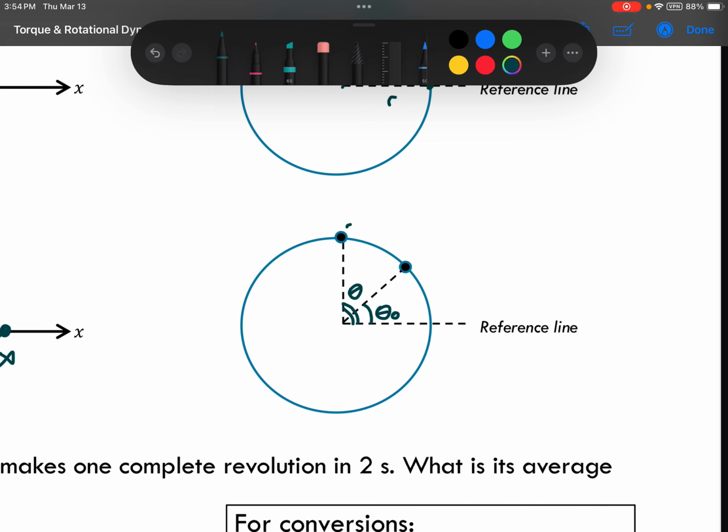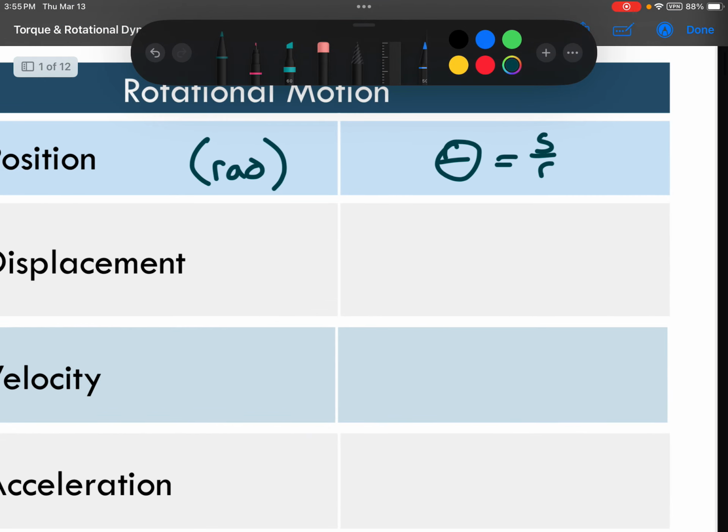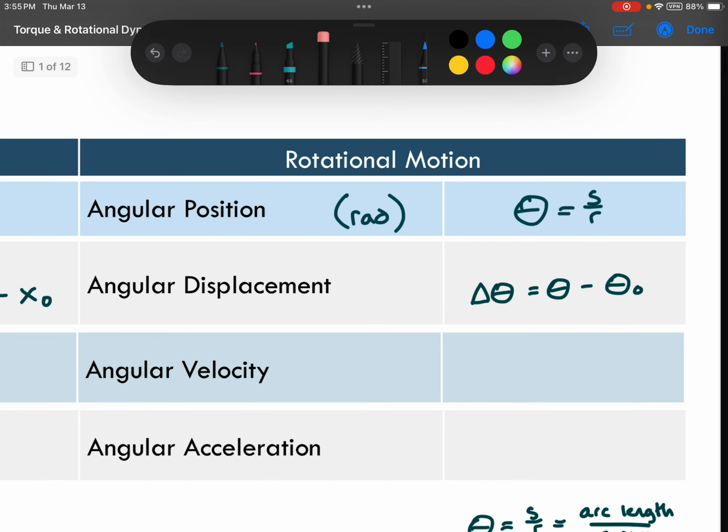So then the change in the angle is this measurement here. So delta theta is, again, the final minus the initial angle when measured from a reference. So delta theta is theta minus theta naught. All right, still measured in radians.